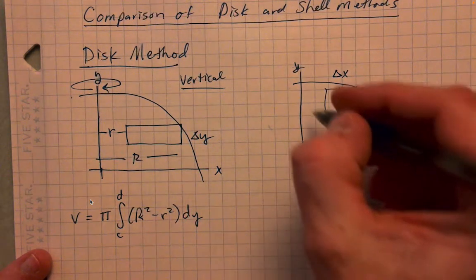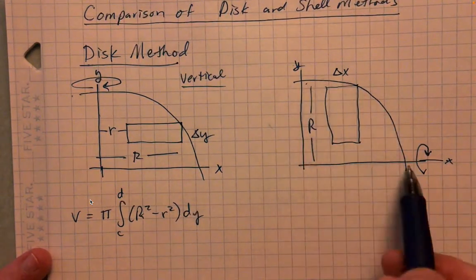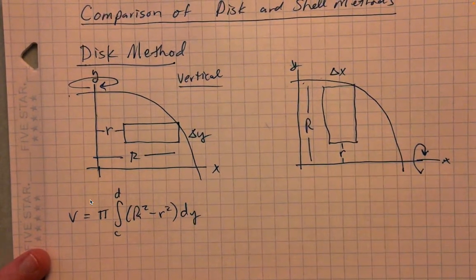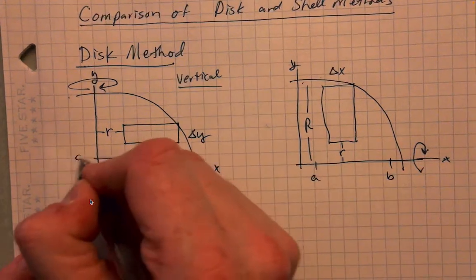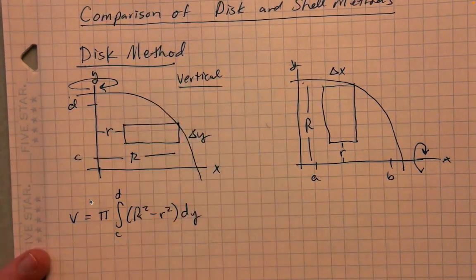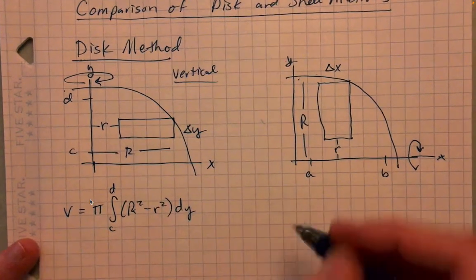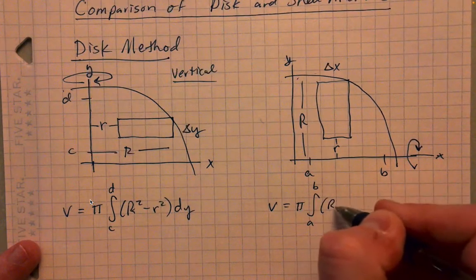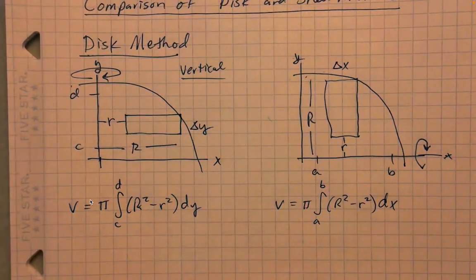Our outer radius is typically a function of x, and our inner radius is also a function of x. We've got our bounds a to b, so I didn't put c to d on here. It's basically the same thing, just flipped. Here the volume is equal to pi times the integral from a to b of big R squared minus little r squared, integrating across the x-axis, dx.